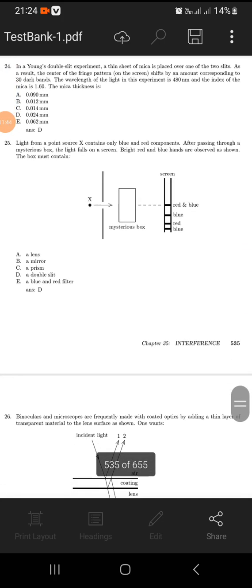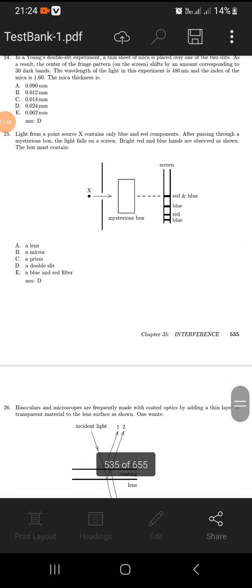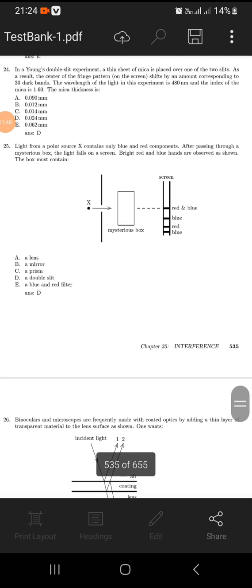In a Young's double slit experiment, a thin sheet of mica is placed over one of the two slits. As a result, the center of the fringe pattern on the screen shifts by an amount corresponding to 30 dark bands.